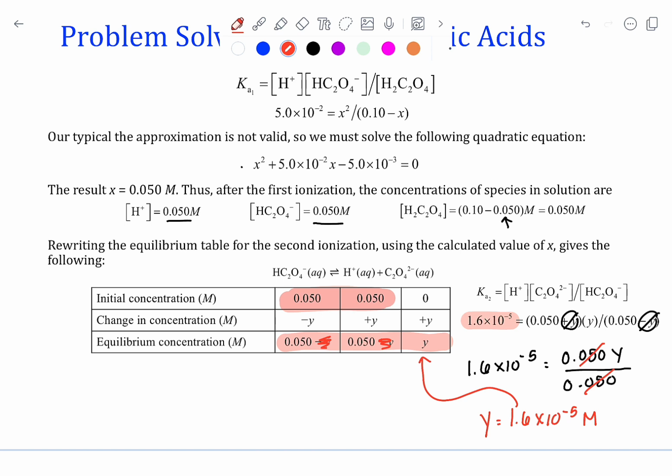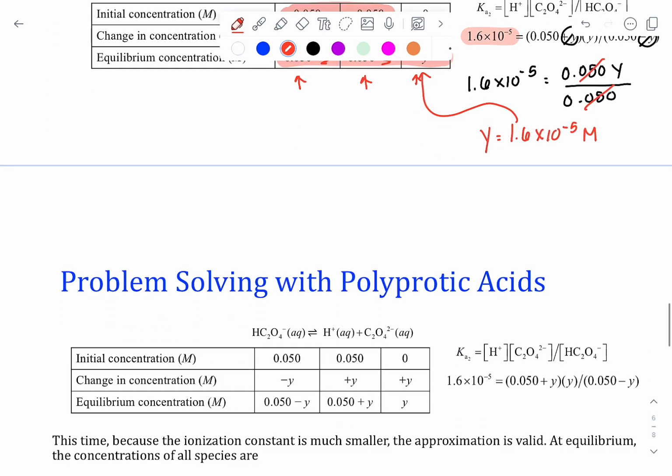So that then gives us our equilibrium concentrations of the H2C2O4, the H+, as well as the C2O4 2-, which is what we were looking for. So let's summarize that last point there.